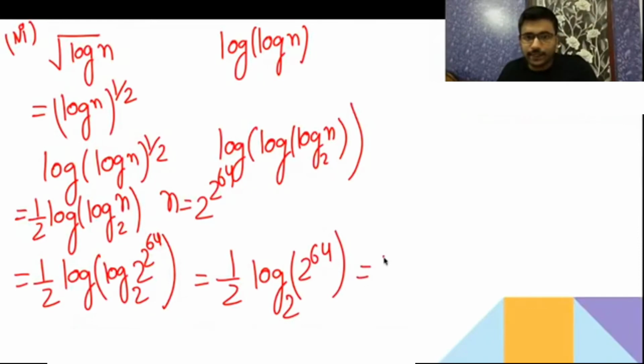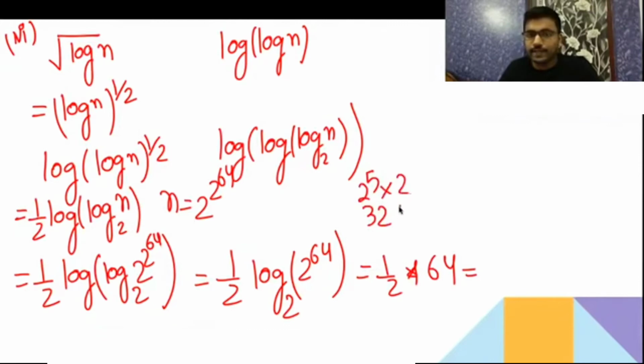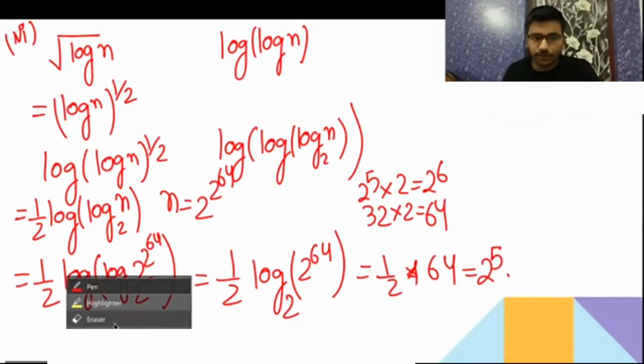Now again half of log 64, and 64 is 2 to the power 6. So if you divide by 2, you are going to get 2 to the power 5.